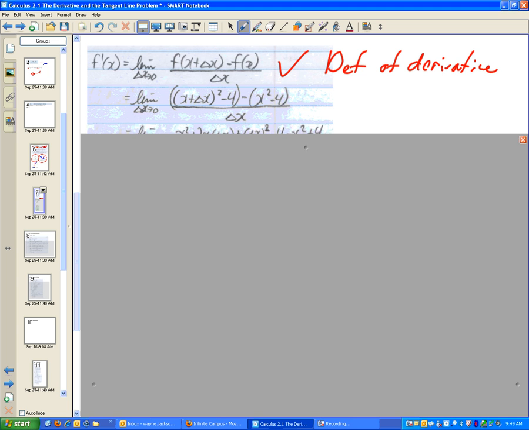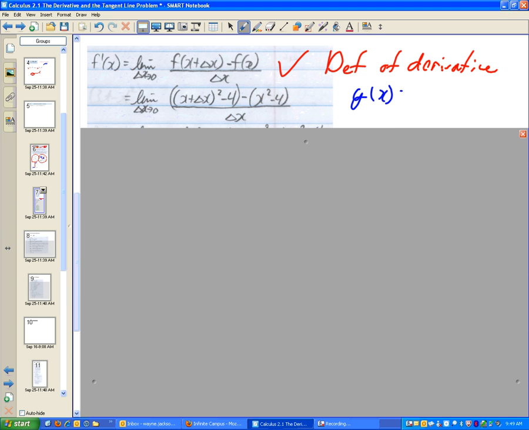Now, g of x is given to us to equal x squared minus 4. Now, our definition says f. Okay, so they called it g this time. Who cares, right? If I change those to g's, I'm back in business. All right, so the first thing I want is g of x plus delta x.